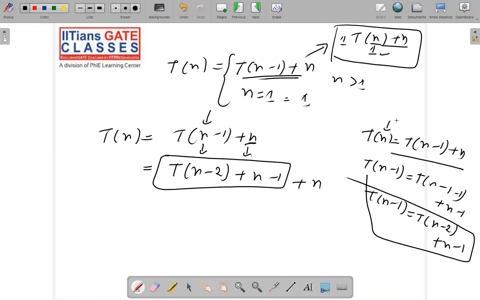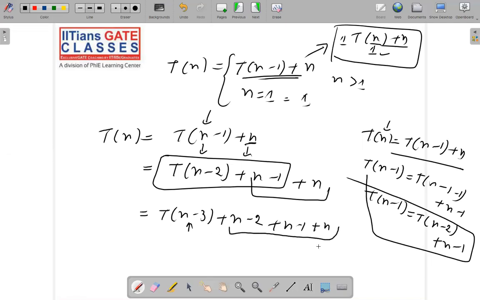The same thing goes again, replace n with n-2. It will be T(n-3) + (n-2), and these two terms will remain the same, plus (n-1) plus n. If we keep on replacing like this, we will be getting terms like this until we go to n equal to 1. So let's iterate this n-1 times, not n times, n-1 times.